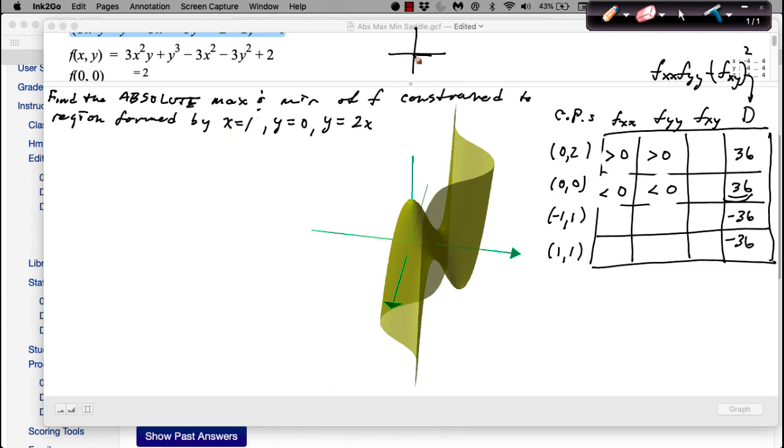So x equals 1, y equals 0. So y equals 0 is here. X equals 1. And then y equals 2x. So we're going to just look at y and x. So let's do that on our 3D graph. How would I do that in my 3D graph? Just kidding, x equals 2.